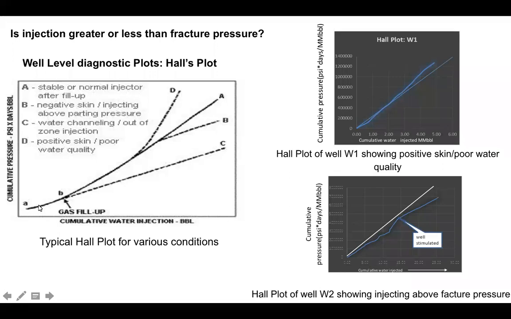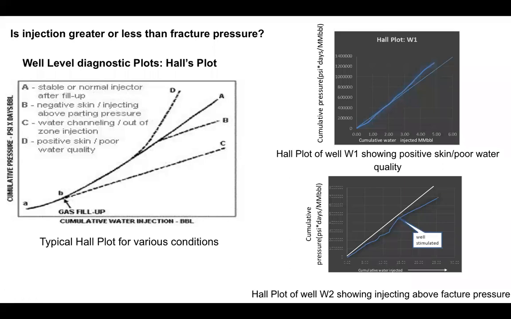Ideally, for your injector, the plot should be a 45-degree line, but if your plot is going vertical, then what is happening? Your cumulative pressure, and when I talk about cumulative pressure, I'm talking about injection pressure in your injector well, is increasing, but your cumulative water injection, the amount of water that you're injecting in the well, is not increasing. That means there is a barrier that the water is facing.